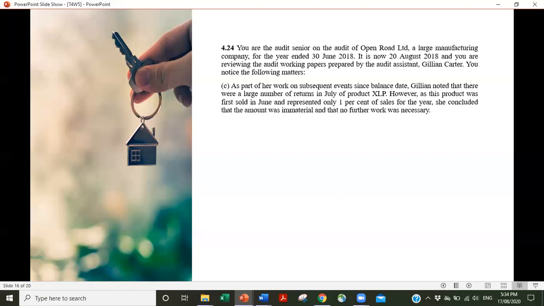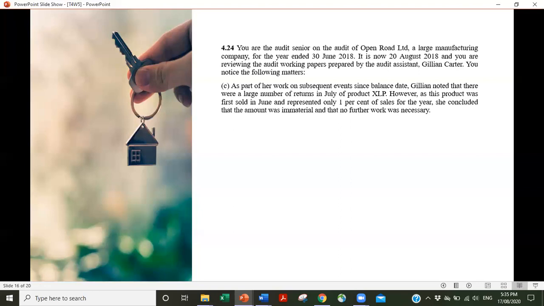Now, you might have a subsequent event that happens after that date as well, and they are treated slightly differently. But before you actually sign off the accounts, one of the things that the auditor needs to do is have a look at what has happened, particularly in relation to cut-off after the 30th of June, in the first couple of weeks after the 30th of June.